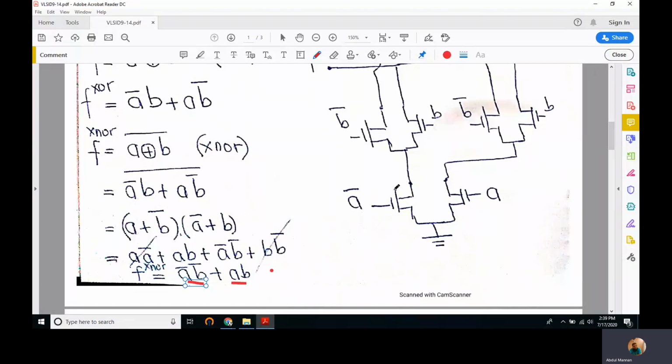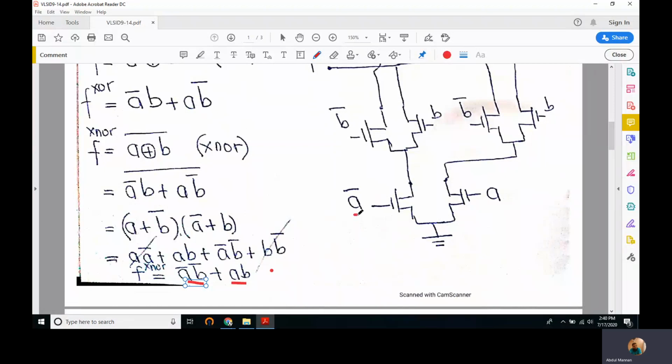We can start building the tree using any of the two variables, either A or B, because they are both present in all terms. Here we have two terms, and they are both available there. So we can start this tree by putting A at the root or B. It doesn't matter.